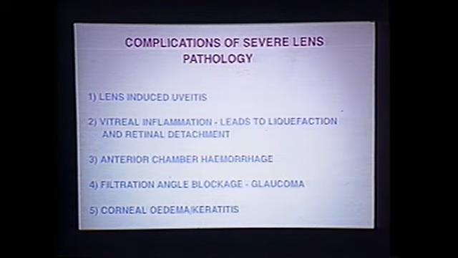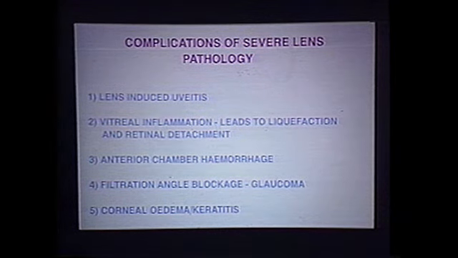The complications which can occur in severe lens pathology are shown on this slide, and include the lens-induced uveitis. That's due to the release of immunologically active proteins from the substance of the lens. This can give rise to vitreal inflammation, which may lead to liquefaction of the vitreous and retinal detachment.